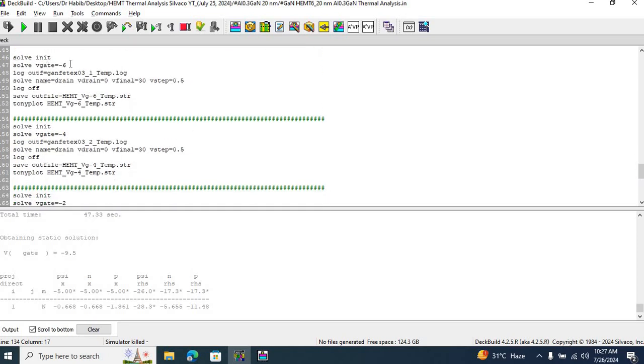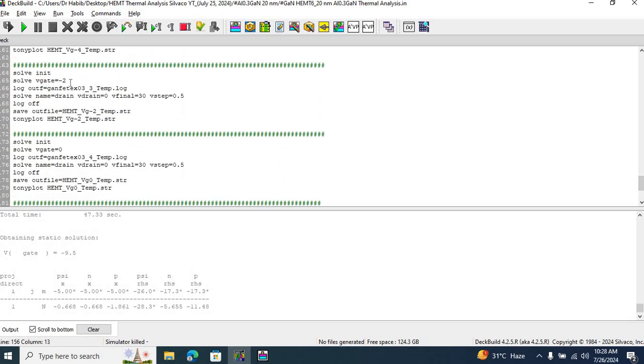Similarly over here I want to look at the ID versus VDS characteristic curves. I have set the gate voltage to minus 6 volts and I am ramping up the drain voltage from 0 to 30. Similarly I have set the gate voltage to minus 4 and I am ramping up the drain voltage from 0 to 30 volts.